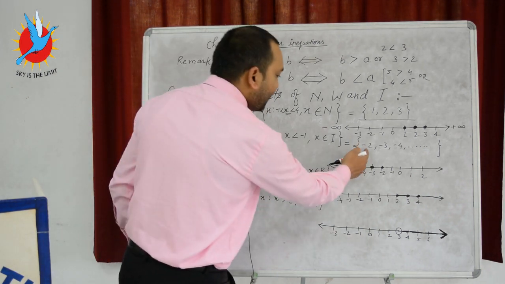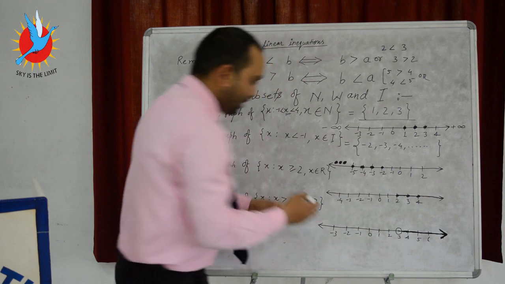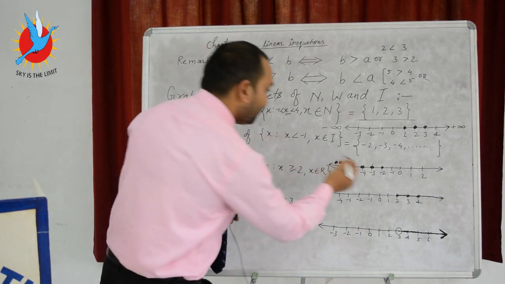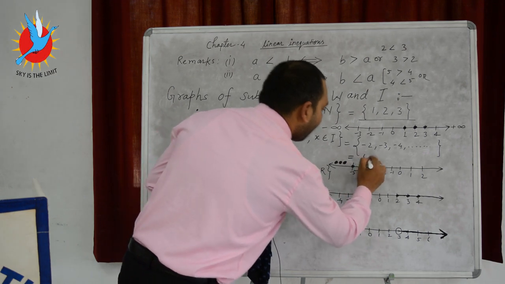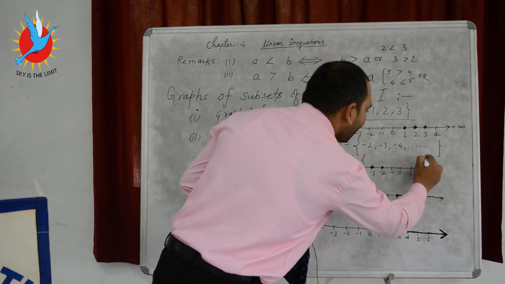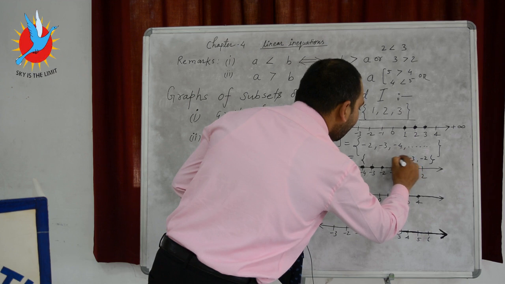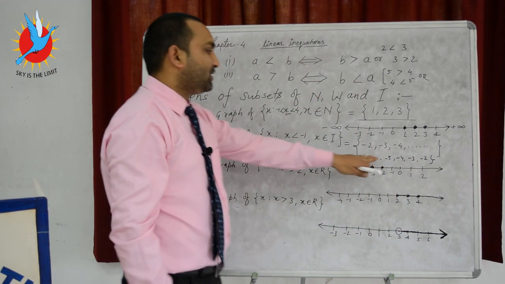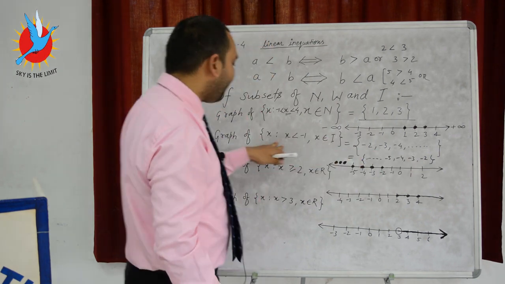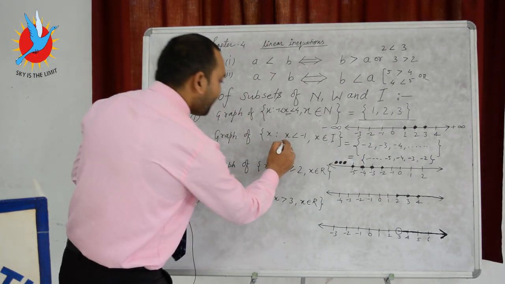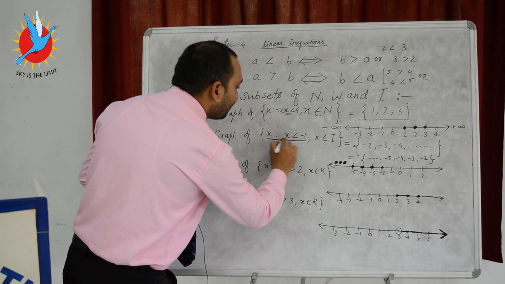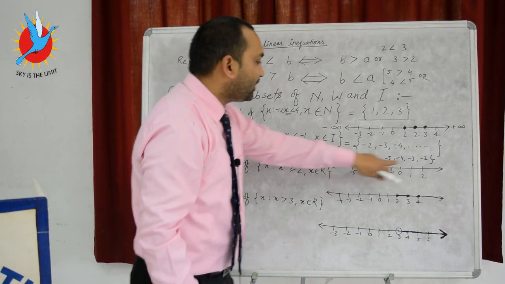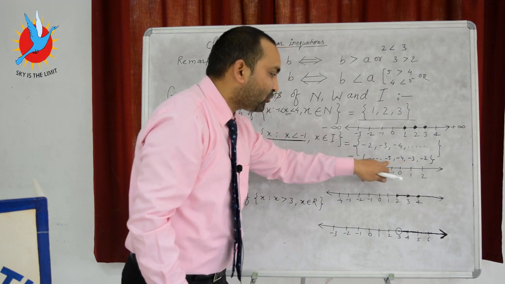So minus 2, minus 3, minus 4, minus 5 and so on. This is the solution set of x such that x is less than minus 1, where x is an integer.